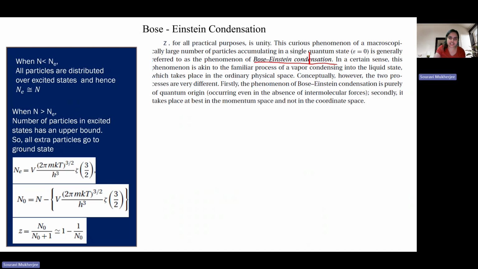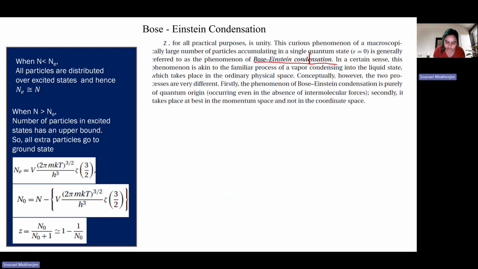First, the vapor to liquid kind of condensation happens in the physical space, like in the coordinate space. While the Bose-Einstein condensation that we are talking about happens in the momentum space. Another important point is that Bose-Einstein condensation is purely a quantum mechanical effect.